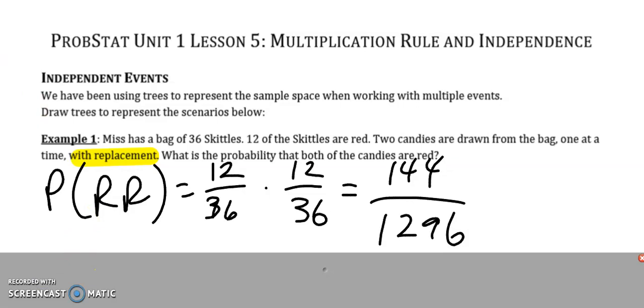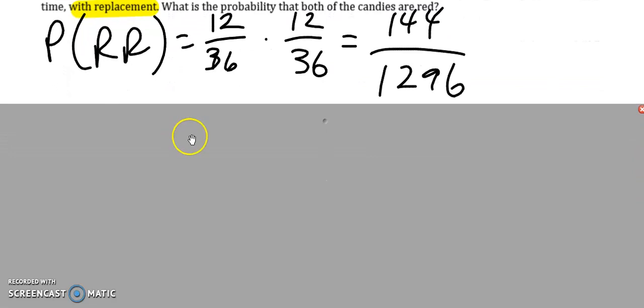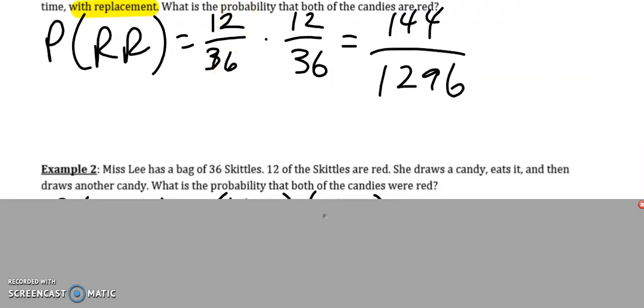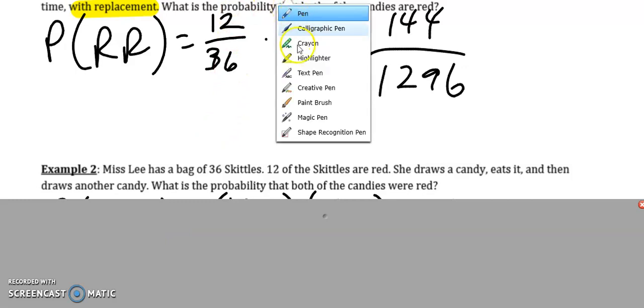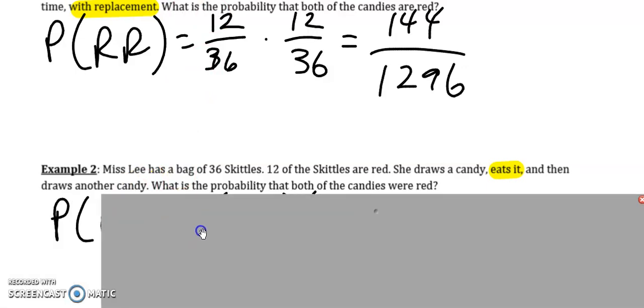So if we do the same example, except now we're going to draw two without replacement, because we're going to eat it, meaning we're not going to put it back. So it's without replacement, which is going to change our probability for the second draw.